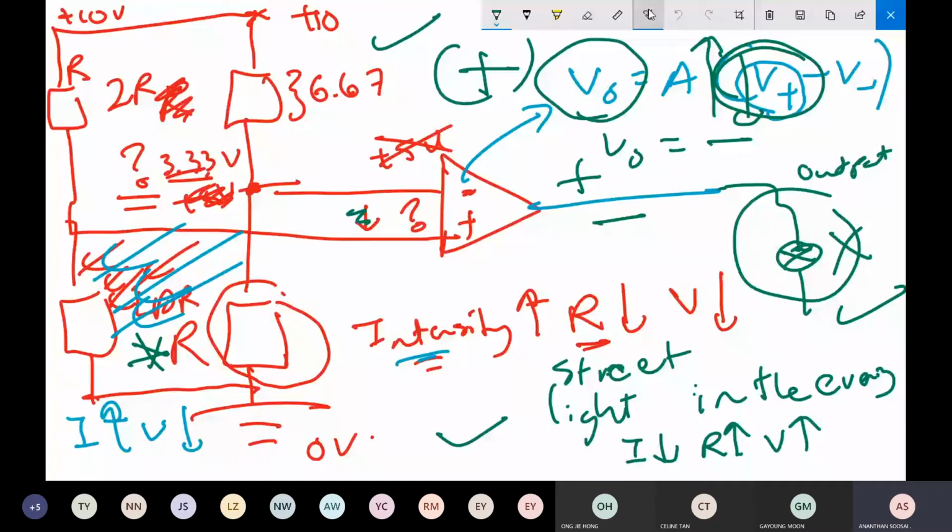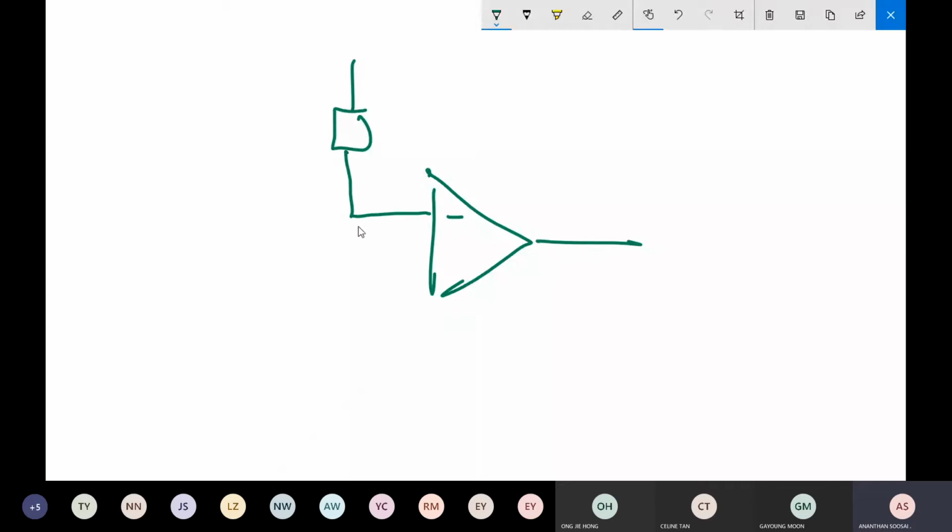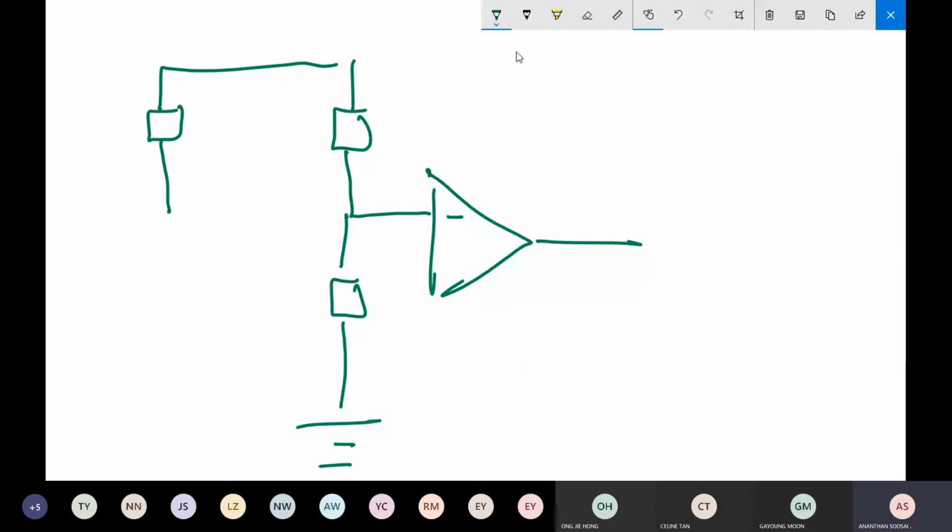Okay, clear this. So the circuit is here. You have one input for the negative, and you get another one here, which is connected to positive. It's also connected to earth, and you have the power supply.